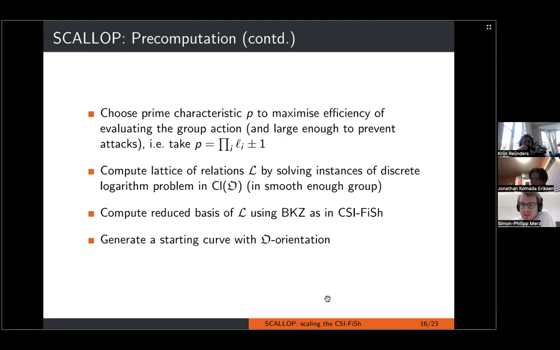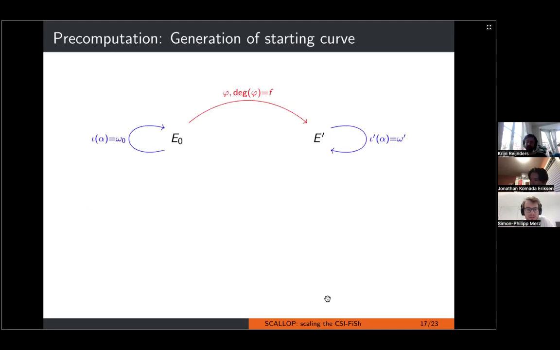And then finally, there was this open question of generating a starting curve with a certain orientation. So let's look at this problem a little bit more. So you have E0. E0 is the O0 oriented curve.